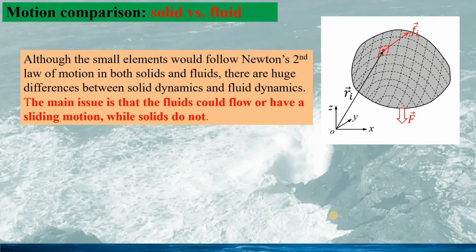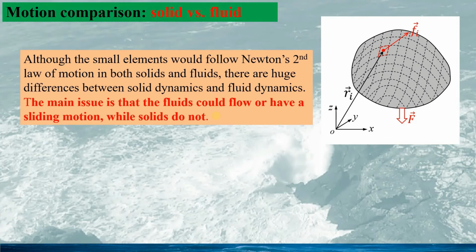Now, in the next two slides, we will compare the motion of the solid and the fluid. As we mentioned, we can divide the fluid domain or the rigid body into many small elements, and the dynamic equation would follow Newton's second law of motion. In this regard, they would be the same for fluids and solids. However, there are huge differences between fluid dynamics and solid dynamics.